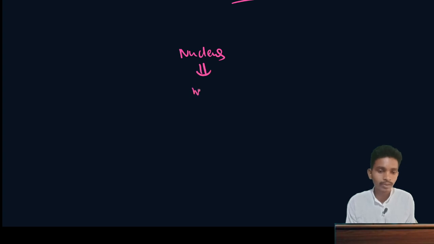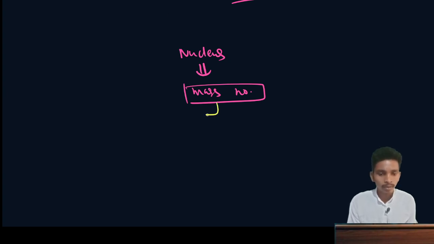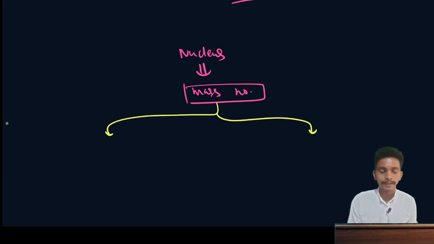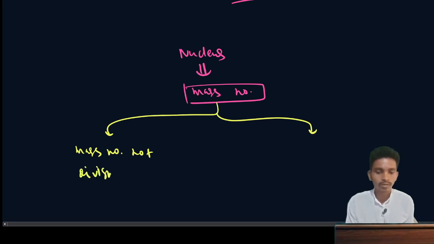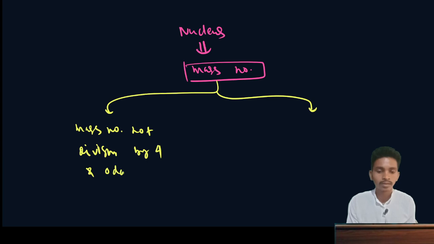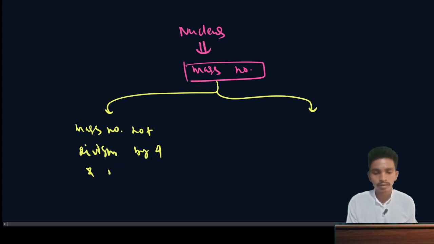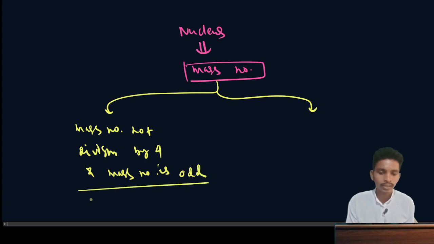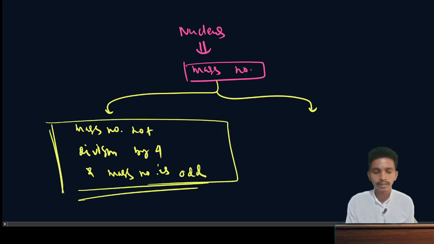According to the nucleus you are looking at, we look at the mass number, and for that NMR the mass number should not be divisible by 4 and the mass number should be odd. In that case only we study that NMR data.